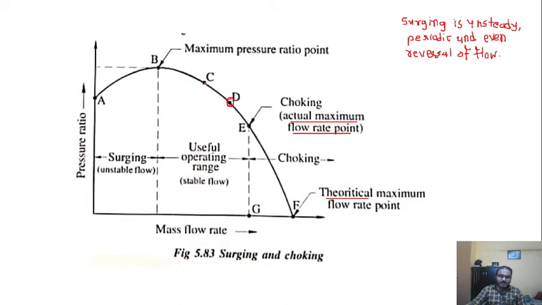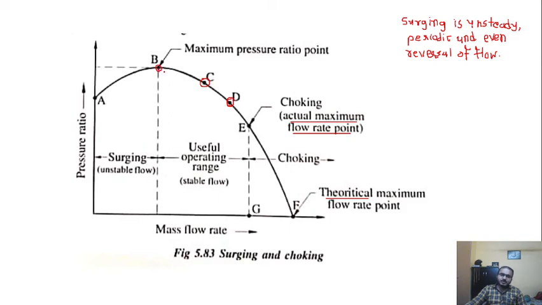So let us say that it reaches point number C. Okay, and let us say that we further intend to reduce the mass flow rate by further closing the discharge valve. Then the pressure ratio will keep on increasing and it will reach point number B.